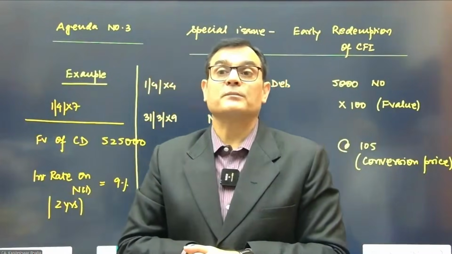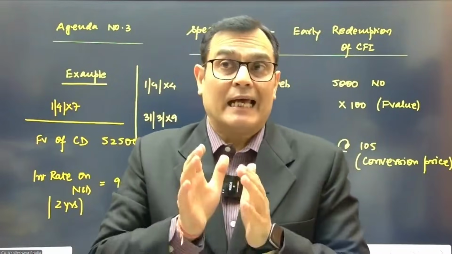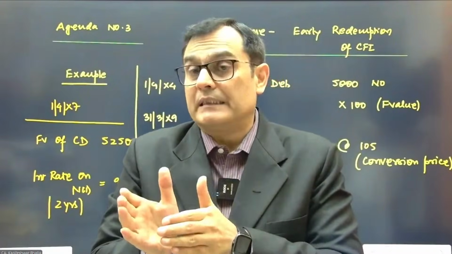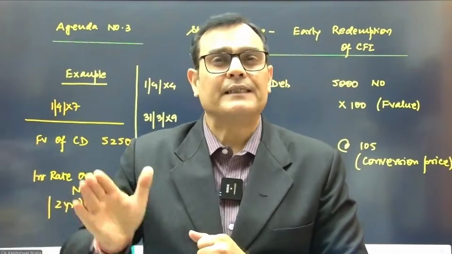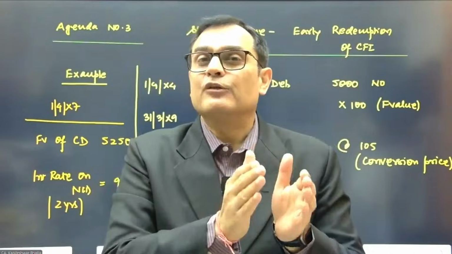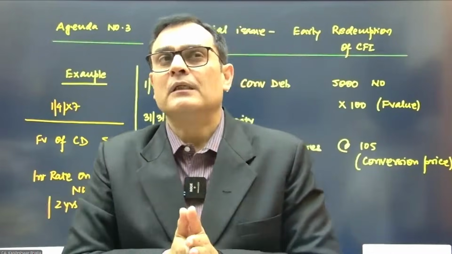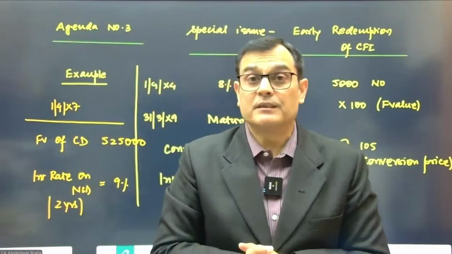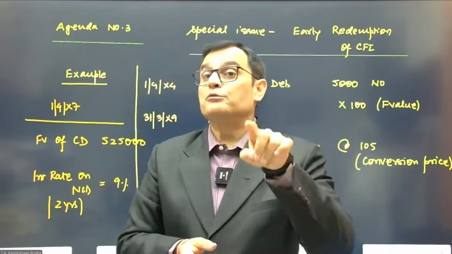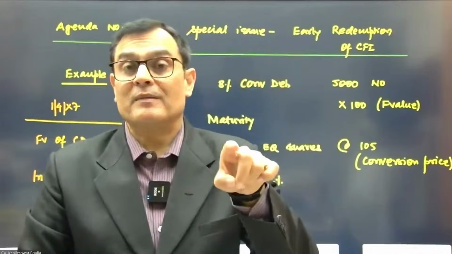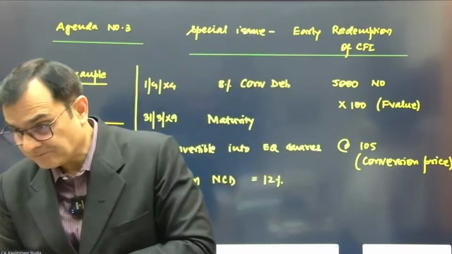I don't deny the possibility that over a period of 5 years, during the course of maturity, as a company I might realize that the interest rate payable today has massively declined. So why am I retaining funds at a high rate of interest? The question of an early redemption stems from the fact that yes, there is a possibility for that. So I don't deny that possibility, that on the redemption date, your coupon rate has massively gone down.